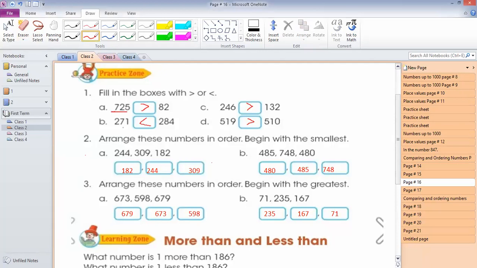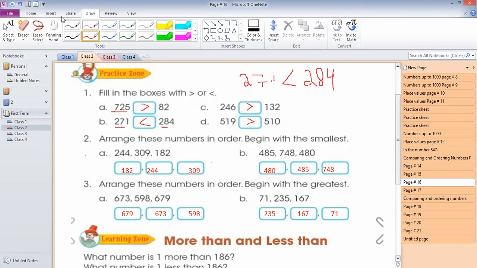For example, here 271 and 284, 2 is same, but on the tens, 8 is bigger than 7. That's why you use this sign. You open the mouth of this sign in front of 284 as 284 is greater than 271.